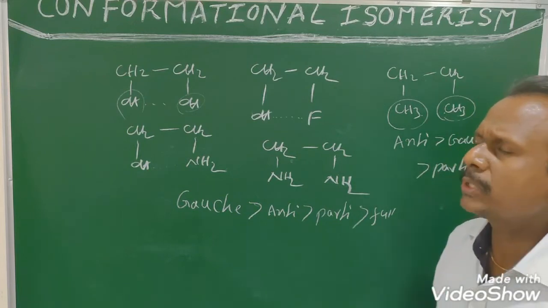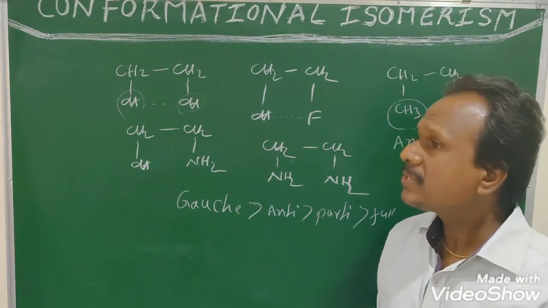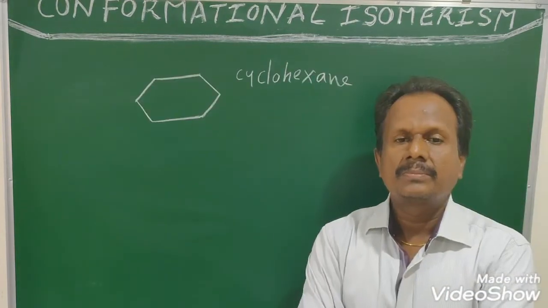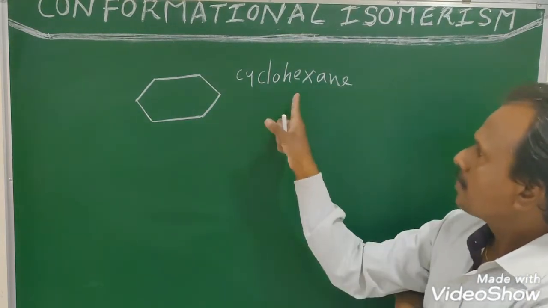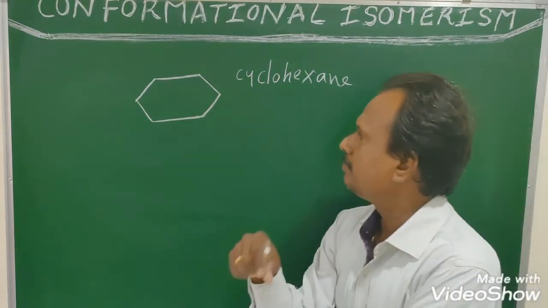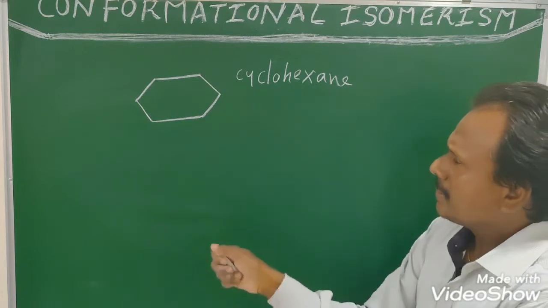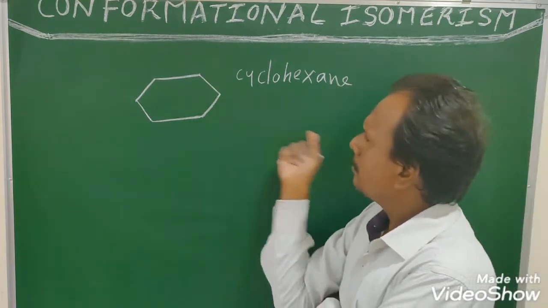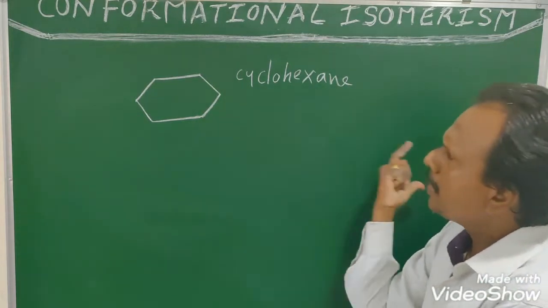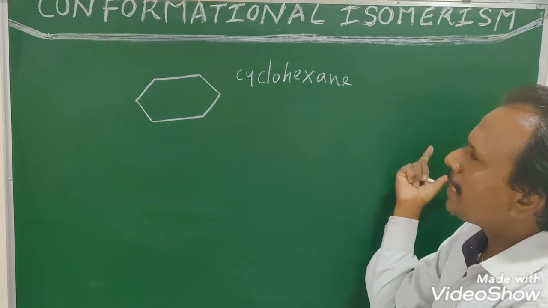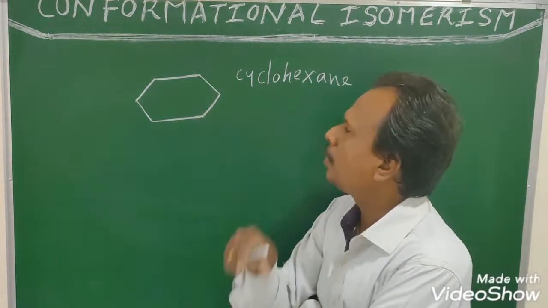Next, we discuss the conformations of cyclohexane. This is the structural formula of cyclohexane. The structure of cyclohexane is not similar to benzene. Benzene is a planar molecule, but cyclohexane is not.